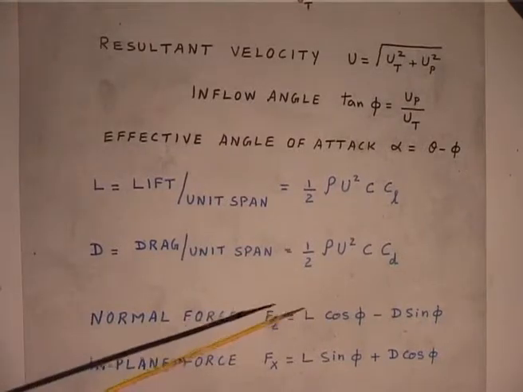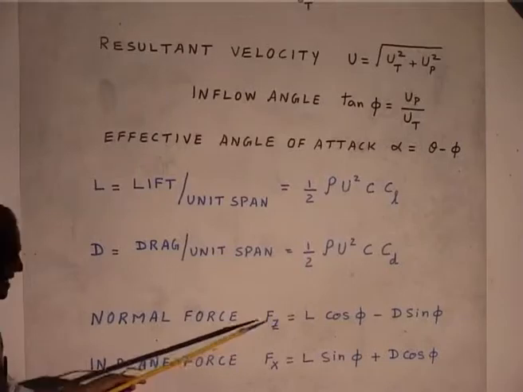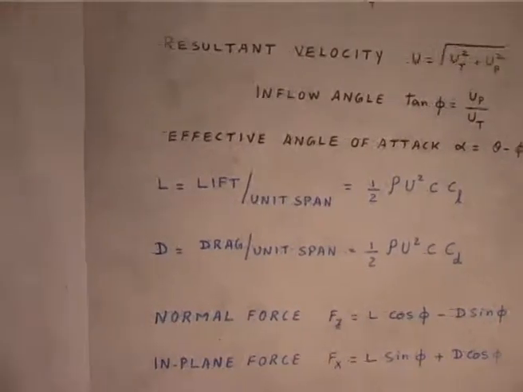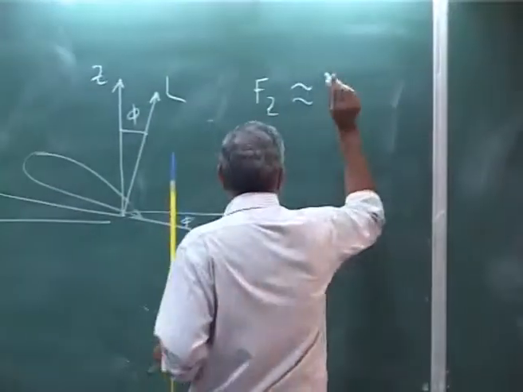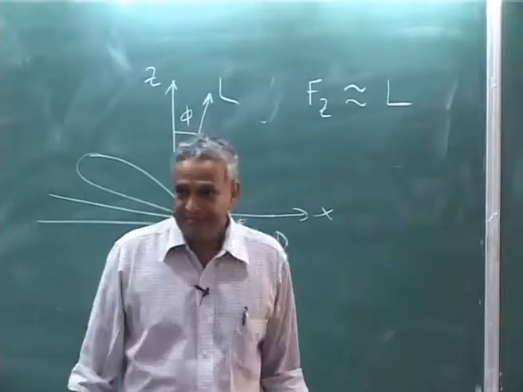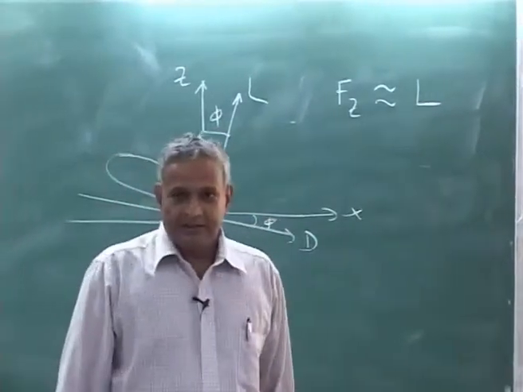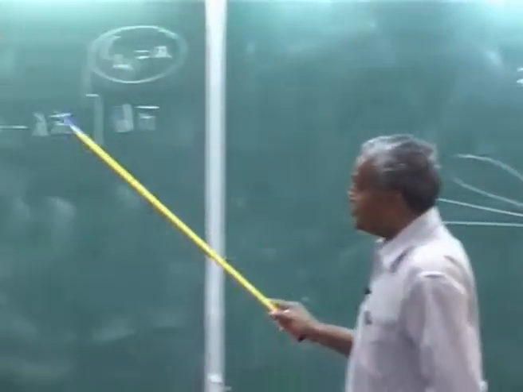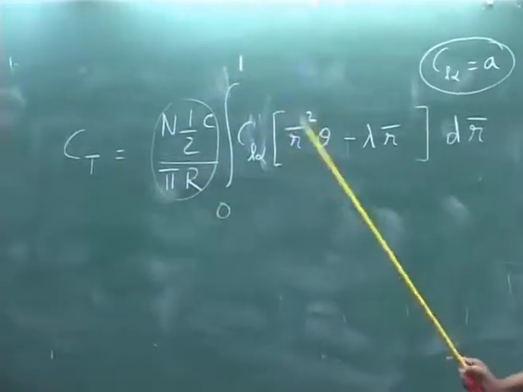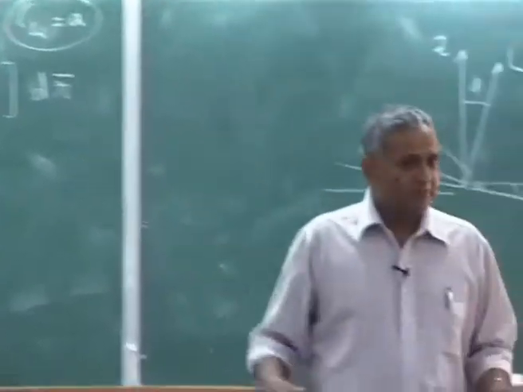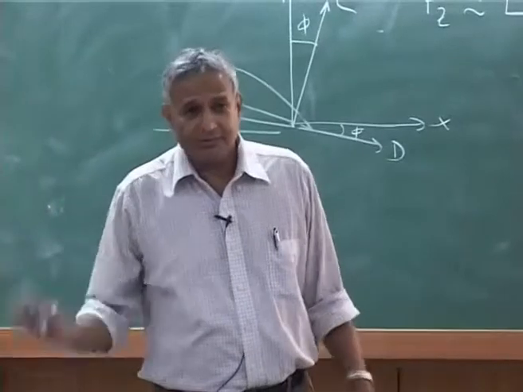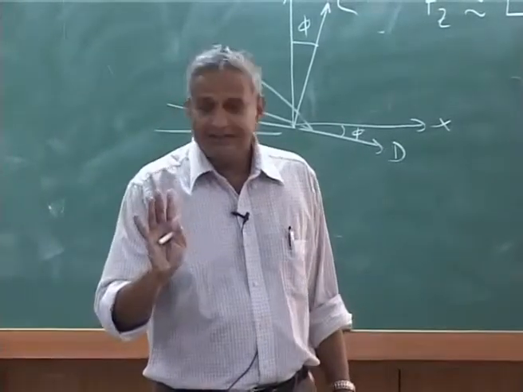So, my drag is very small, therefore, Fz, please understand, I say is L directly. That is what I have used, only L in defining the thrust coefficient. That means basically this is normal to the rotor disc. This is the approximation I make.